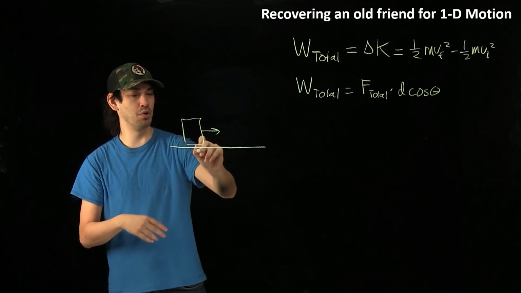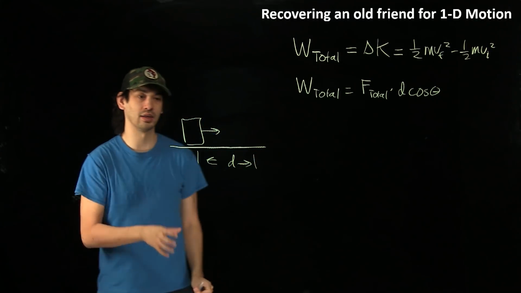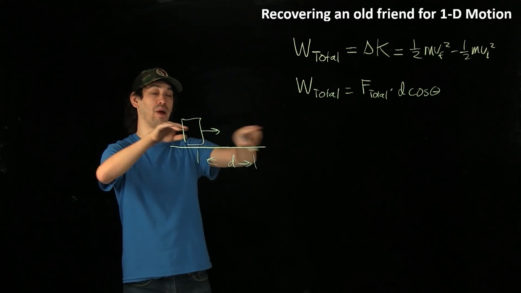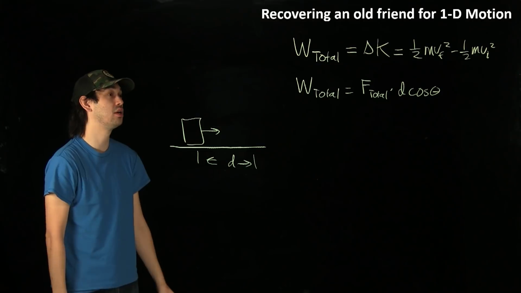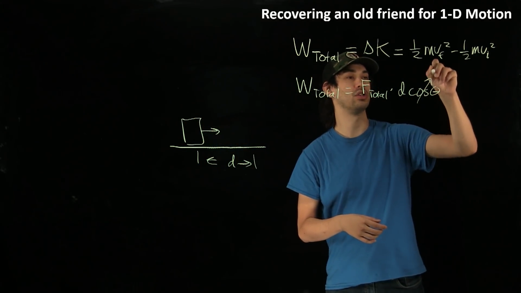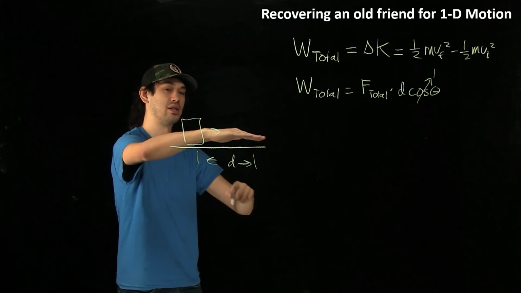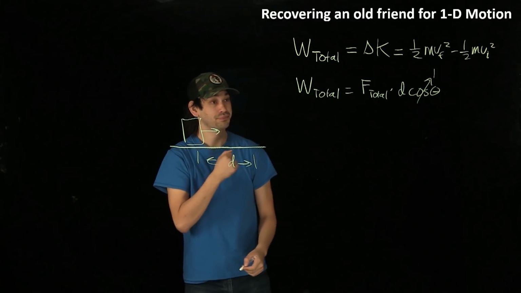And we're going to move just in one dimension. So this is going to be the distance d. And this is the only force that's acting parallel to the direction of motion, and it's exactly parallel to the direction of motion. Which is to say then that this cosine of theta is just going to be 1, because the direction of the distance I'm traveling is the same as the direction of the force.